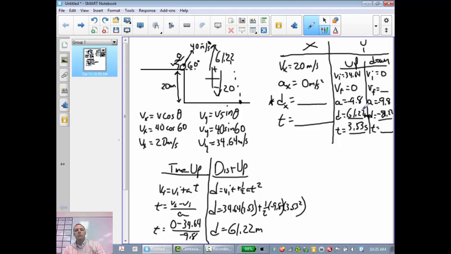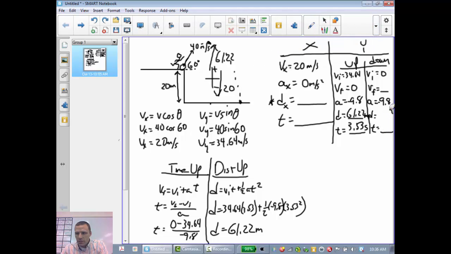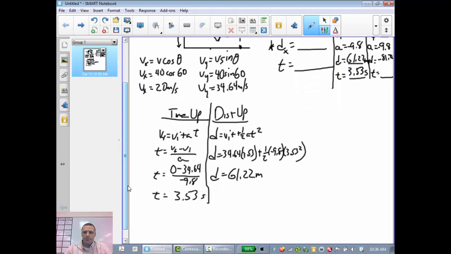If you go from highest point to lowest point, that is in the negative direction. The displacement should be a negative 81, and that's how we have to write that. Let me clear that up because I wrote it a little messy. I can rewrite it. Negative 81.22.